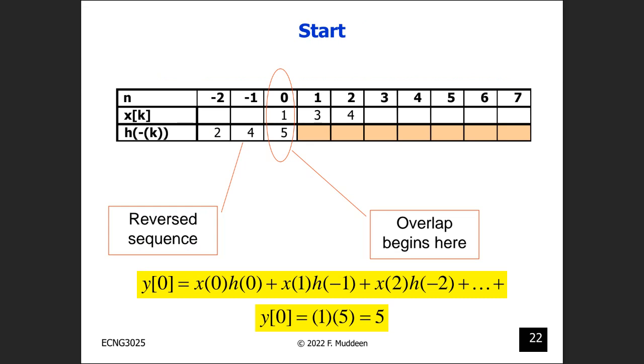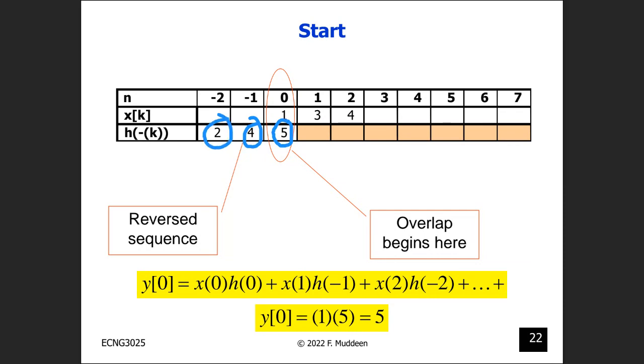So what we do is that we write it down a little bit. Look, x[k] is 1, 3, and 4. h[k] is 5, 4, and 2, but we flip it around. Remember, h[minus k] is 2, 4, 5. So we flip it around.